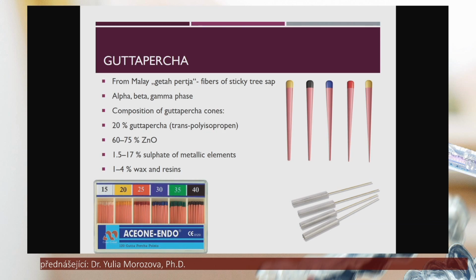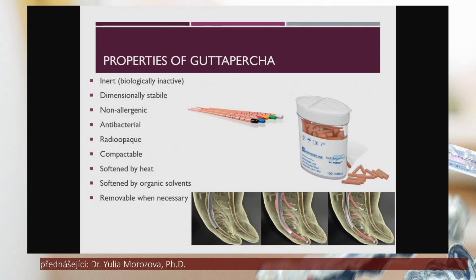Gutta percha can have different colors. Mostly it is an orange one, a pink one, but also we can have other colors, like we can see, for example, in this picture, and the end of the cone is colored according to the ISO color codes.